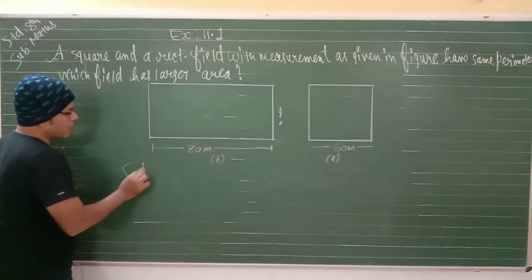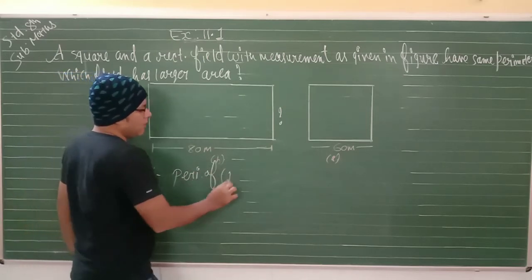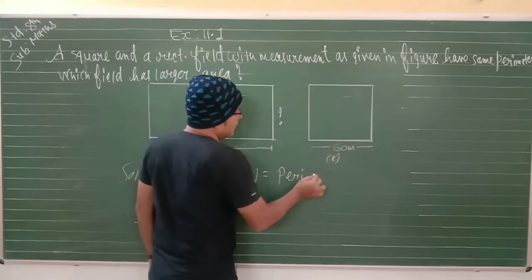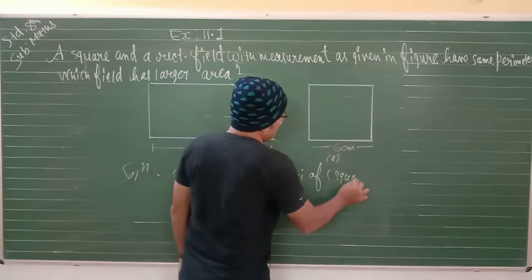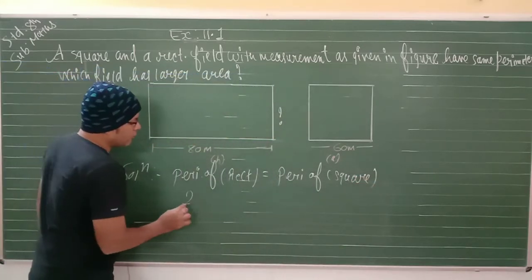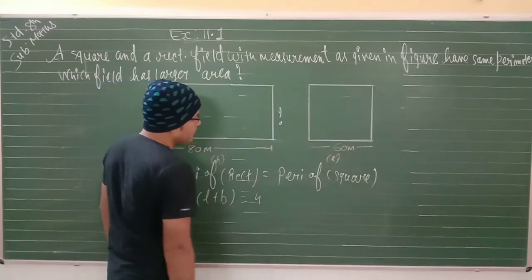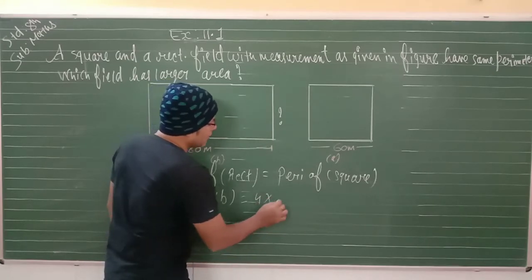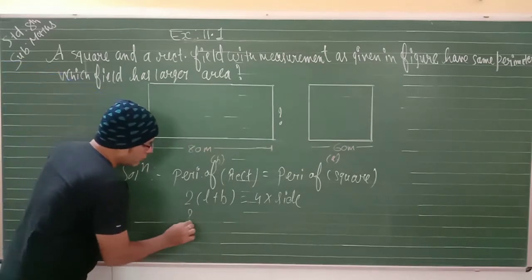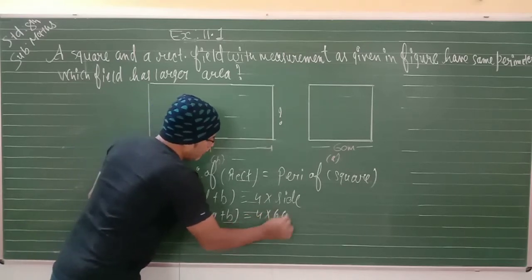So in solution, perimeter of rectangle is equal to perimeter of square. Now perimeter of rectangle, that is 2 into L plus B, and perimeter of square, that is 4 into side. So 2 into (80 plus B) is equal to 4 into 60.